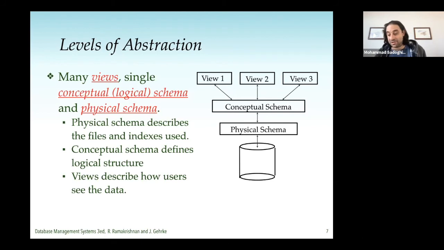Because again, I could have thousands of columns in one table, and if this user only cares about 2 or 3 columns, why would I give them 1,000 columns? And why would I overwhelm them if they only need access to a much smaller slice of that data? So again, that's another reason to create that view.